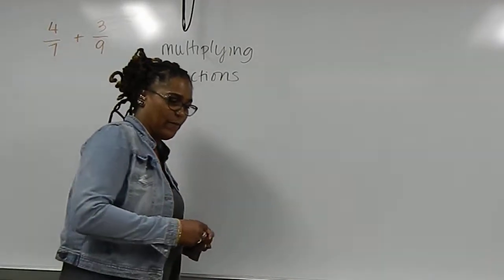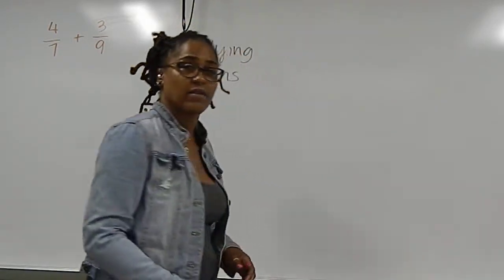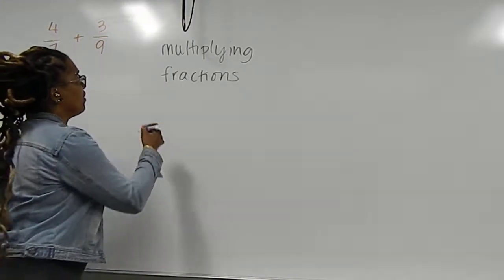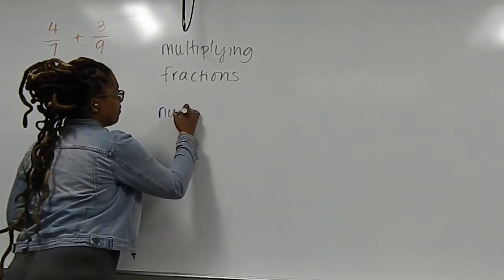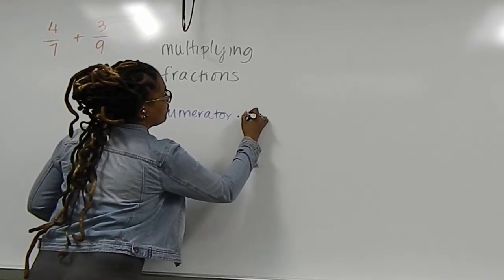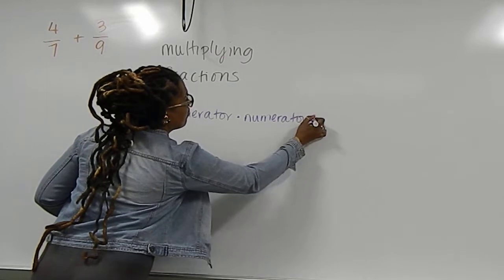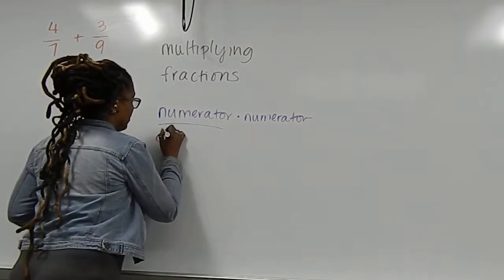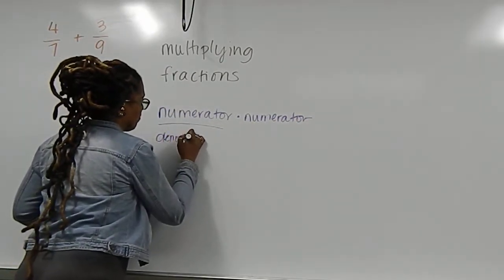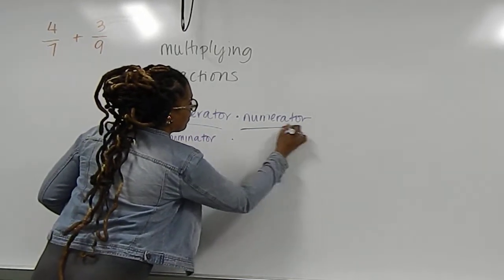Yay! So, again, when it comes to multiplying fractions, the rule is numerator times numerator and denominator times denominator.